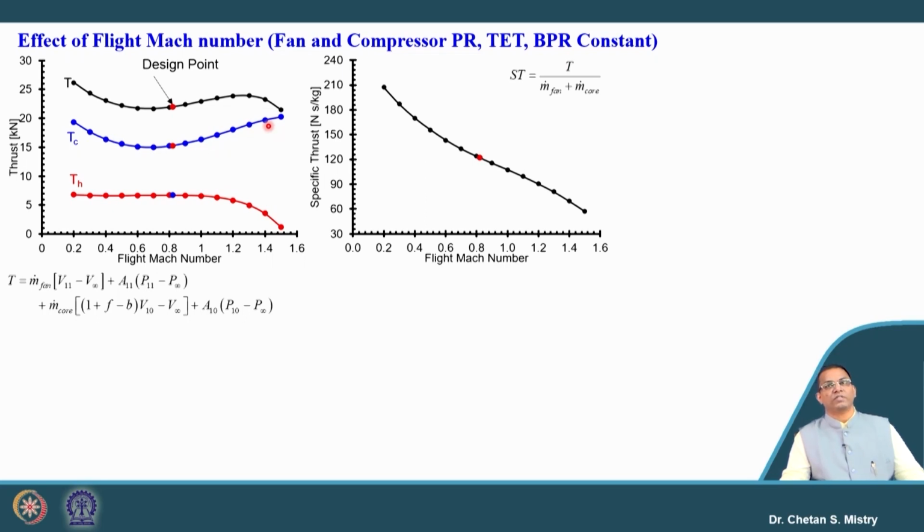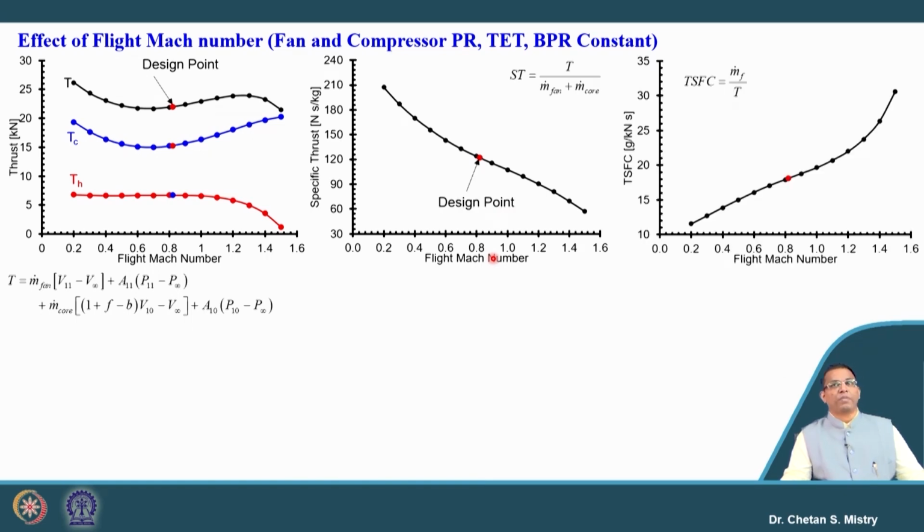And this is representing our specific thrust, that also will be reducing with the flight Mach number. Just realize one thing, when we are increasing our flight Mach number, accordingly my pressure, temperature, and density all will be changing, and that has a direct impact on specific thrust.